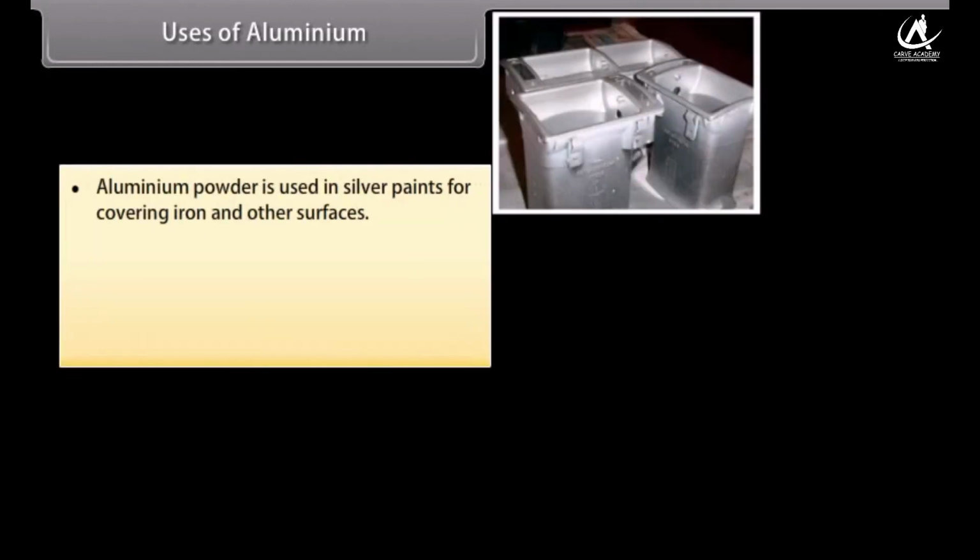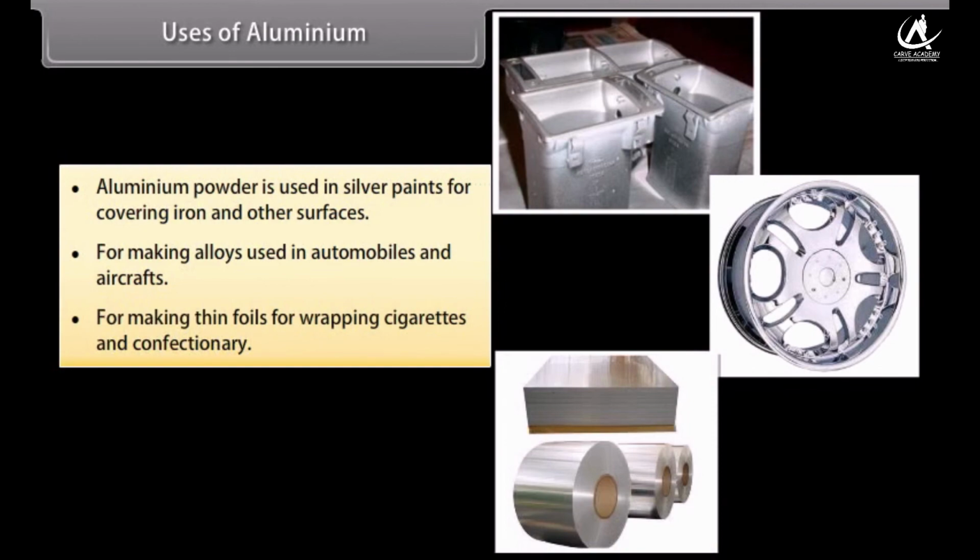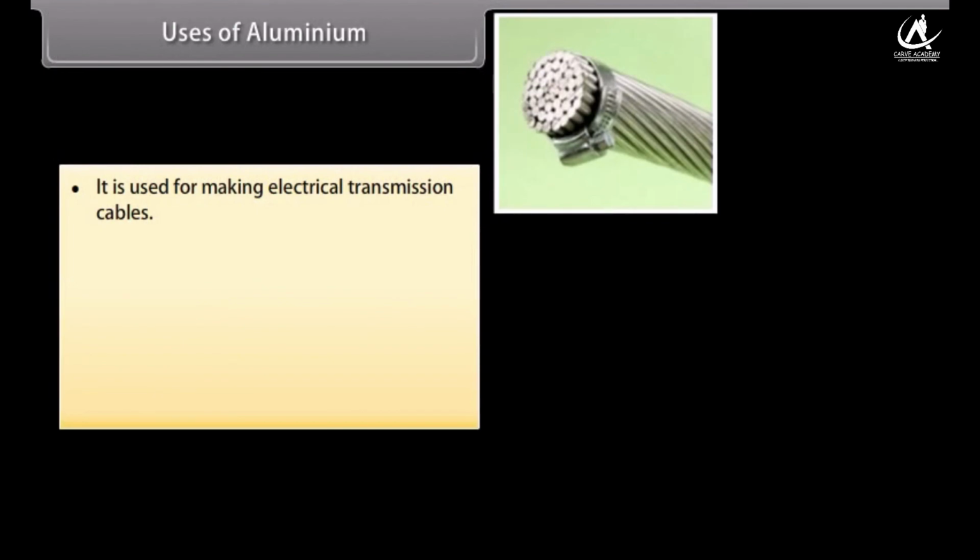Uses of aluminium. Aluminium powder is used in silver paints for covering iron and other surfaces, for making alloys used in automobiles and aircrafts, for making tin foils for wrapping cigarettes and confectionery. It is used for making electrical transmission cables.